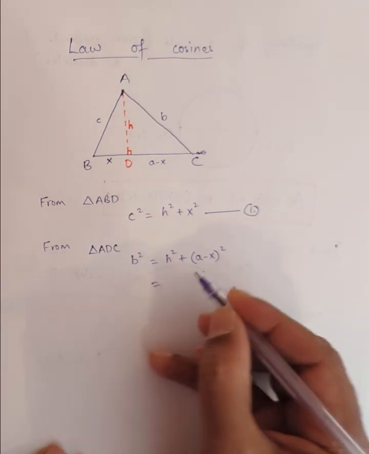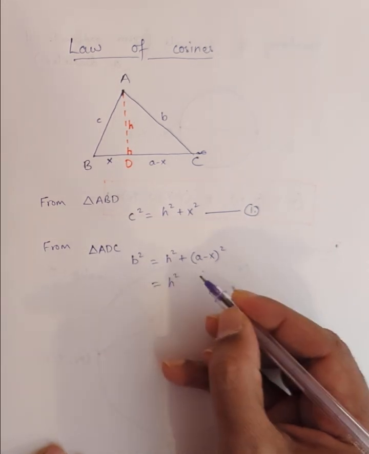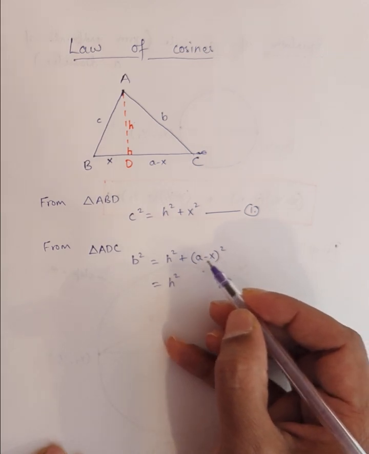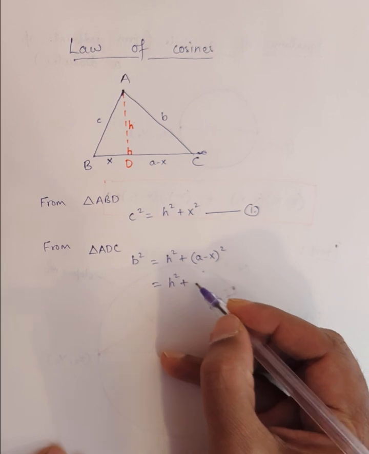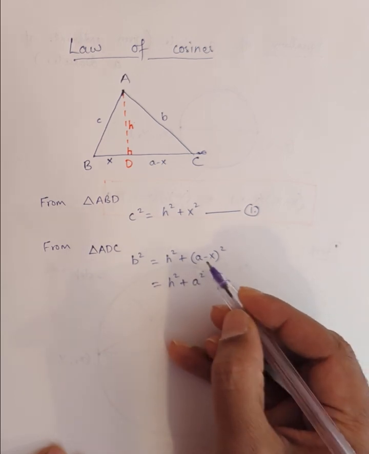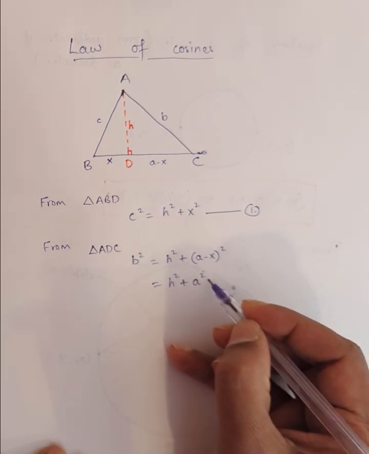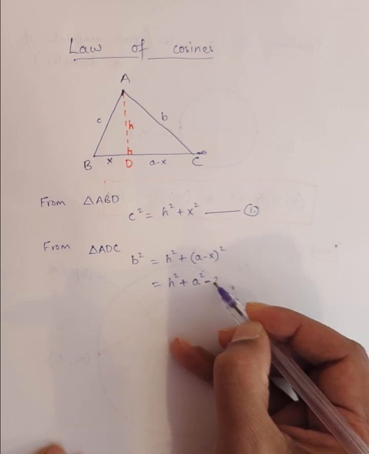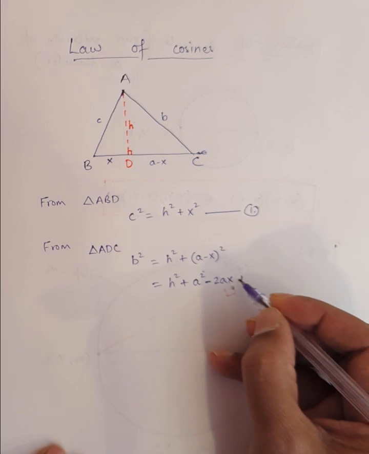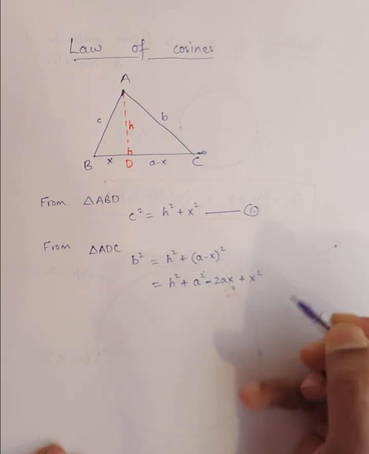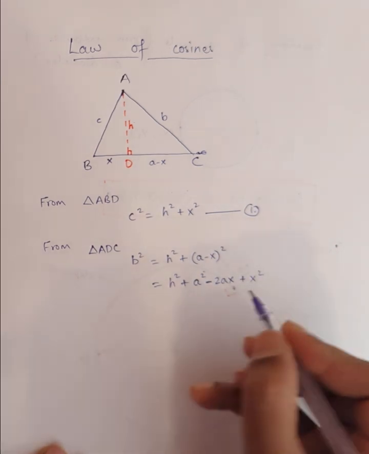And if you expand this, h square, now how do you expand the square of a binomial? Well, there are three terms. The first term is a square. The middle term, if you have a minus here, you would have a minus 2ax. And then the last term is going to be plus x square. All right, so this is our b square.